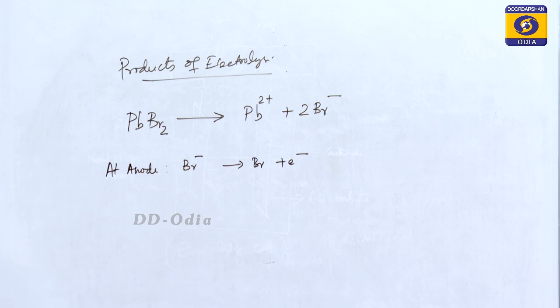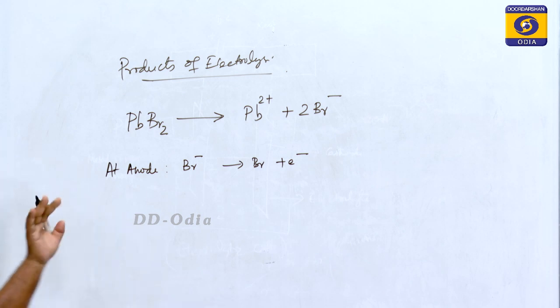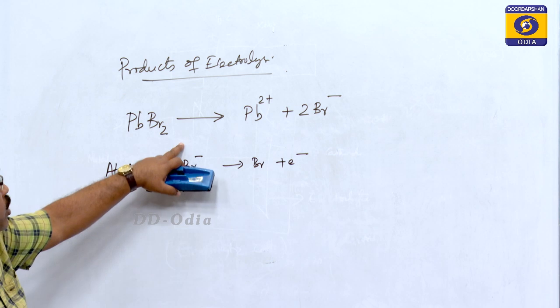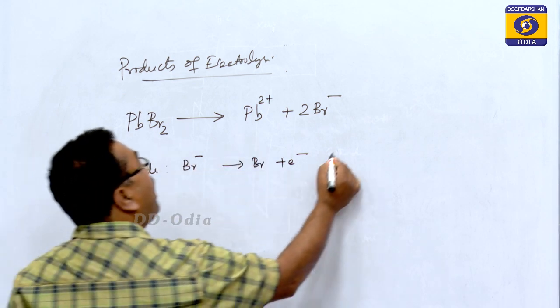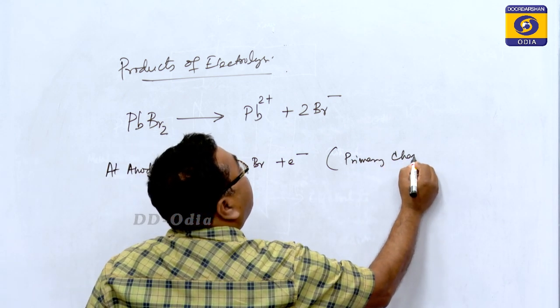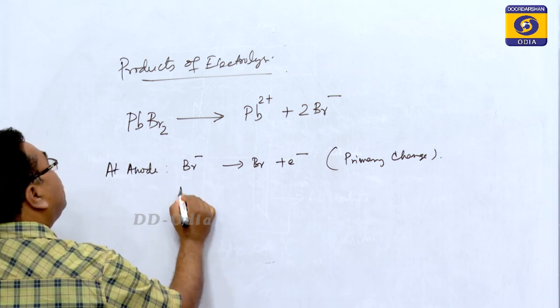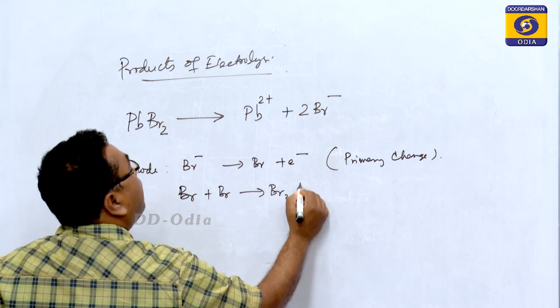How can you say it is oxidation? Oxidation is loss of electron. Another way we can say oxidation is an increase in oxidation number. See, here the oxidation number is -1 and here the oxidation number is 0. This is a primary change. Next, the bromine atoms combine to give rise to bromine.